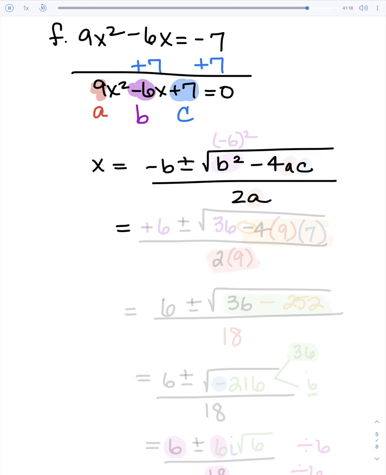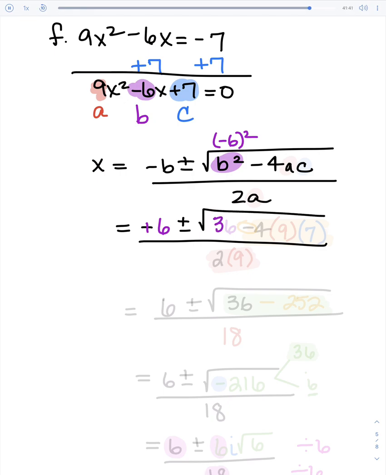So our negative B, well, our B is already negative, so just like the last couple, it'll turn into a positive 6. Plus or minus, again, just like the last couple, if we're looking at B squared, negative 6 squared would actually become a positive 36.